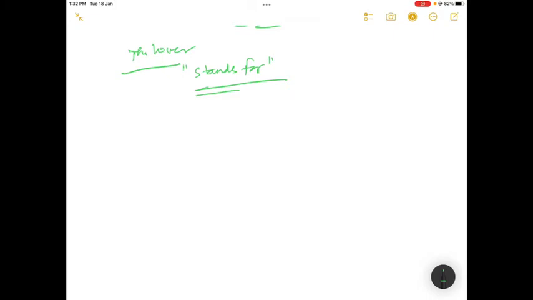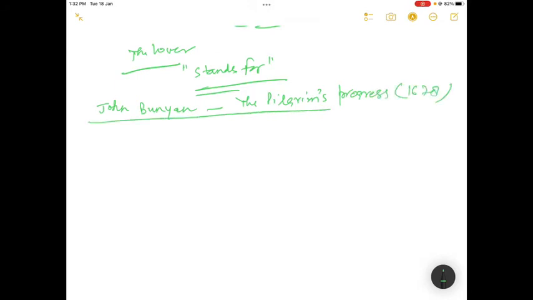Now, other notable examples are John Bunyan's famous work, The Pilgrim's Progress, 1678. It's a famous example of allegory.